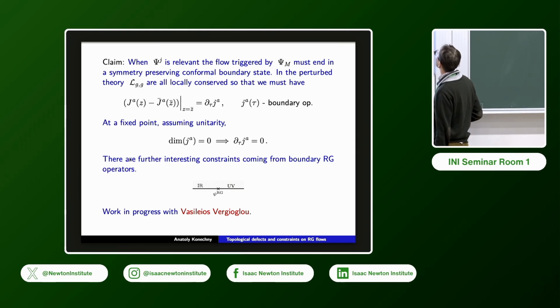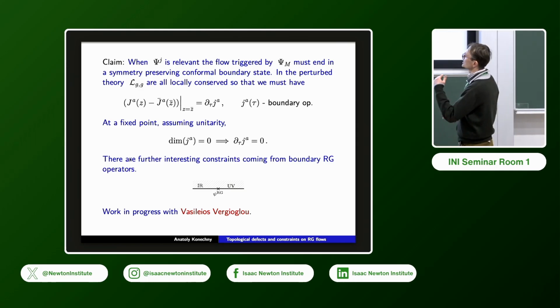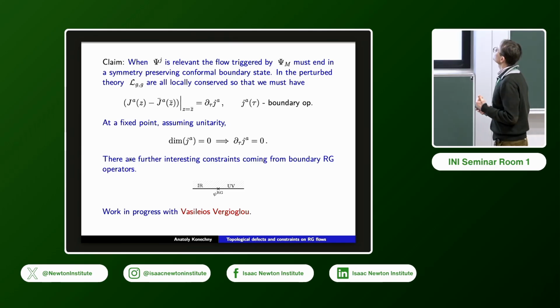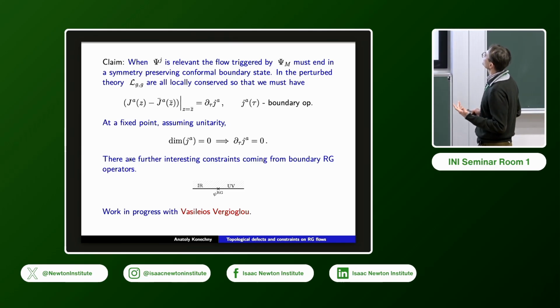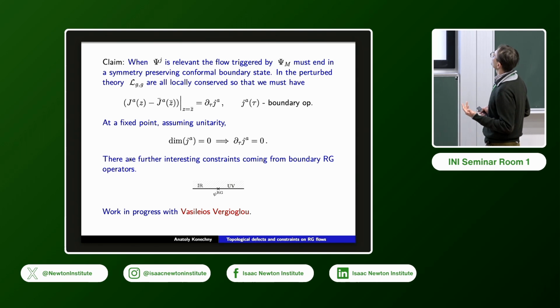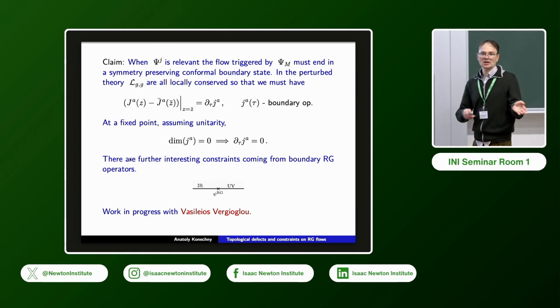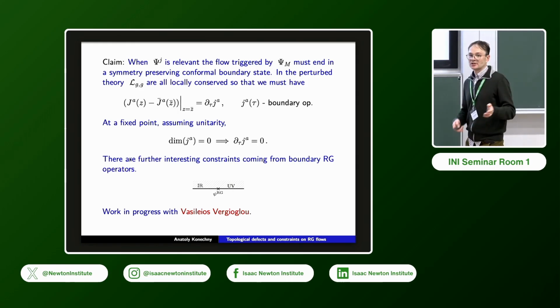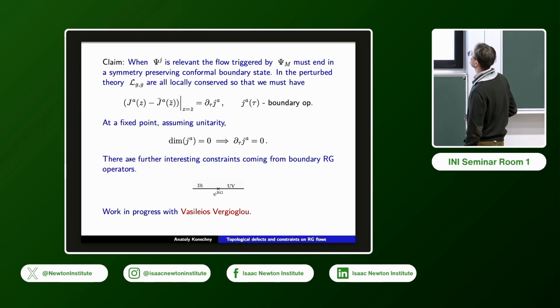So here's the argument. If I have my LGGs, I can think of them as exponentiated charges. If they commute with the boundary perturbation, then if I do this infinitesimally, this must correspond to the gluing condition in which there's a local conservation law. So J minus J bar must be a derivative of some boundary operator. In perturbation theory, you can do conformal perturbation, and you can work out what this boundary operator is to the leading order in the couplings.